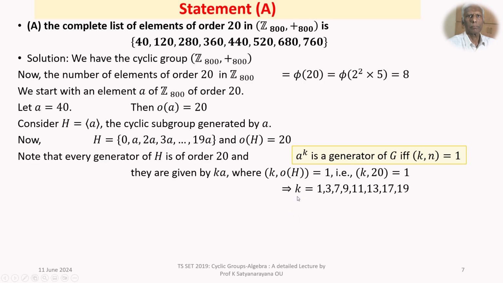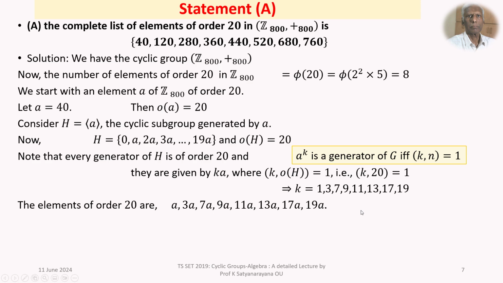So these are the k's. That means for each k, ka will have order 20 because that is a generator. Therefore, the elements of order 20 are a, 3a, 7a, 9a, 11a, 13a, 17a, 19a.